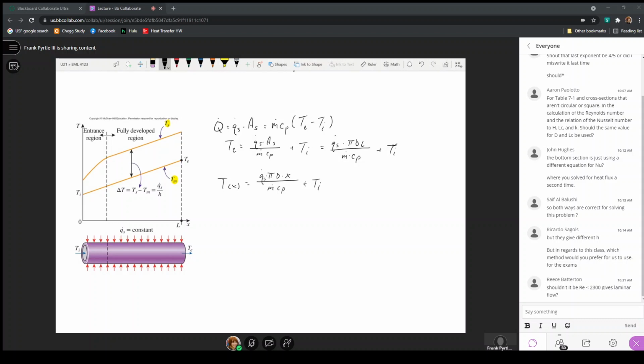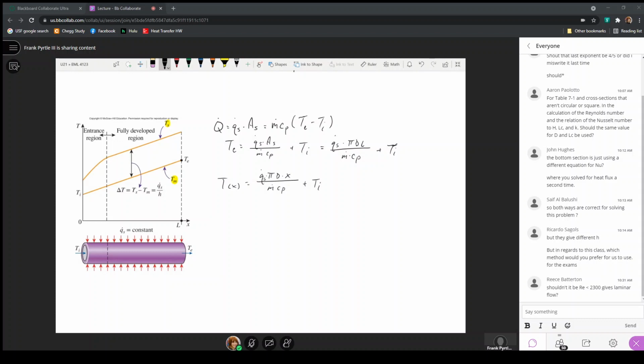So that constant multiplied by X is just the slope, and Ti is just the intercept here. So when X is equal to 0, the temperature at X equals 0 would just be Ti. But the temperature will be increasing such that the temperature at X equals L would just be the heat flux times pi d times L over m dot c sub p plus Ti, which is the previous equation. So this just describes this line here.